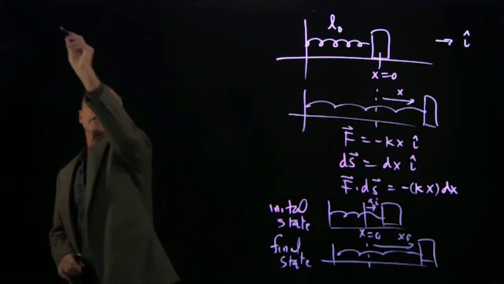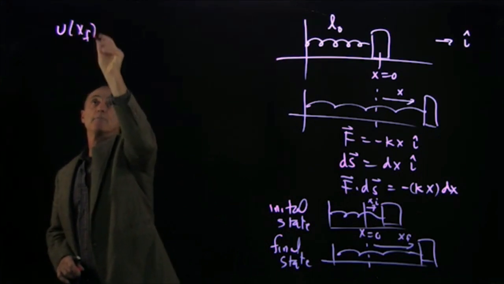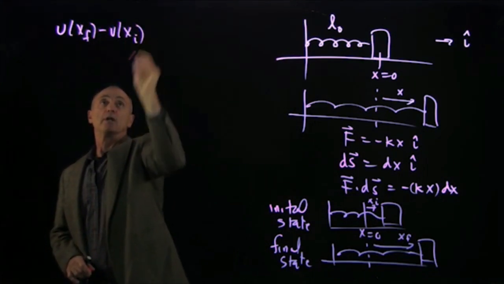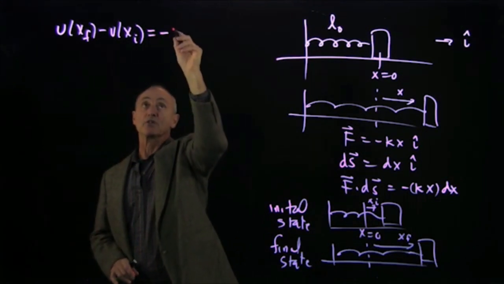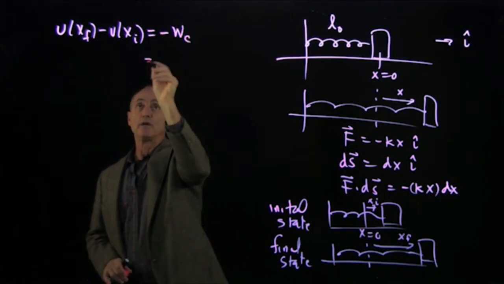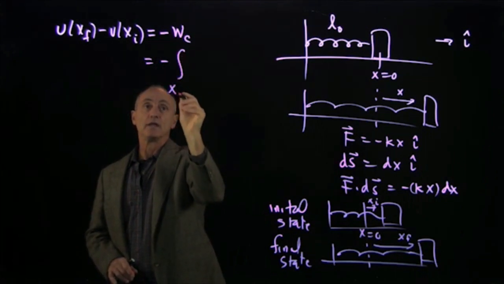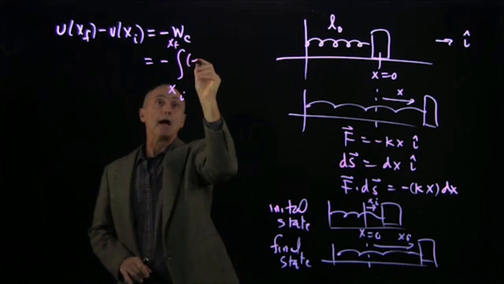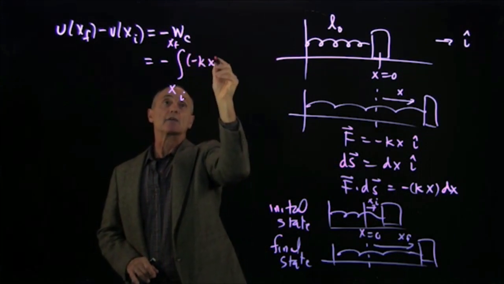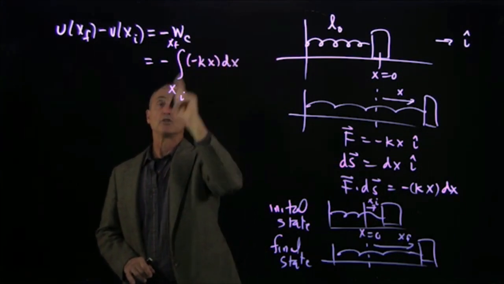So now let's calculate the change in potential energy between our initial and our final states. Now recall, there's a minus sign because it's minus W conservative. That's minus the integral from x initial to x final of minus kx dx. We have two minus signs.